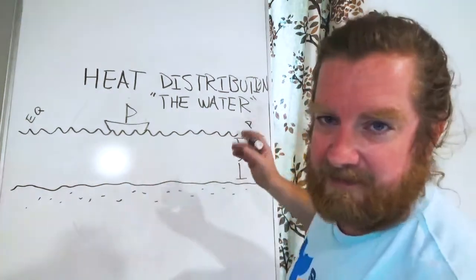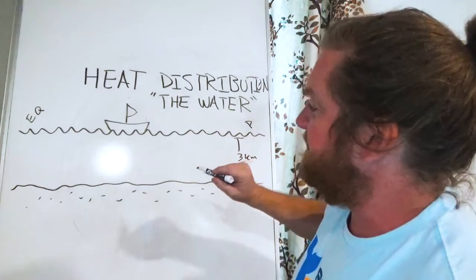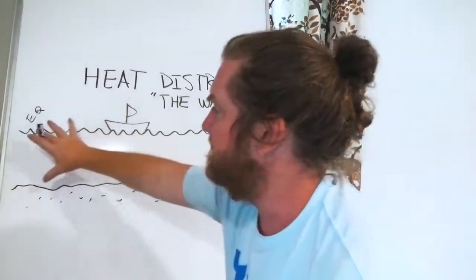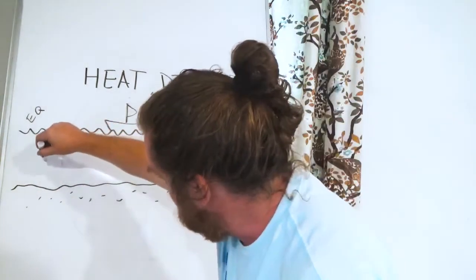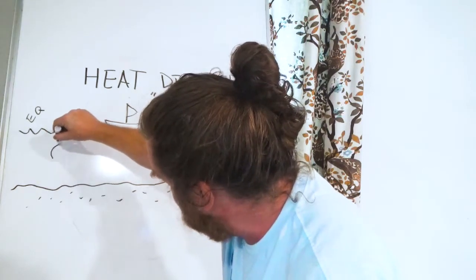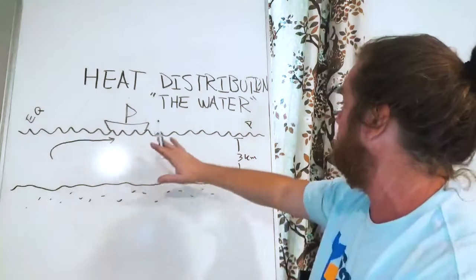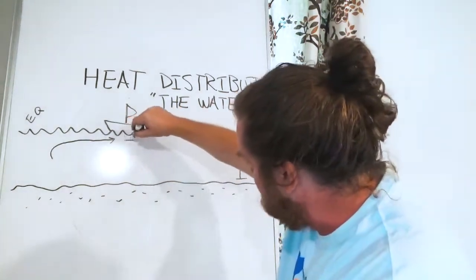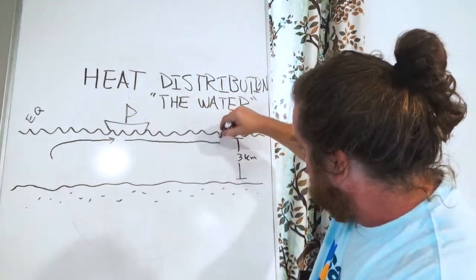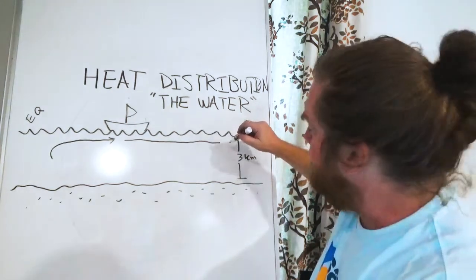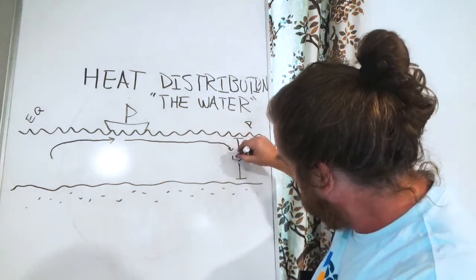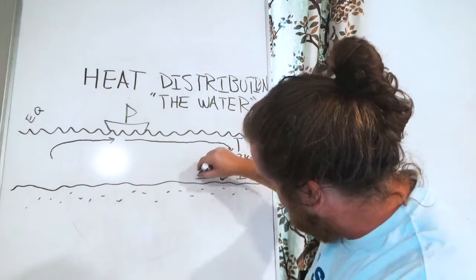Obviously this isn't going to work. But what we see with these deep ocean currents is the water here is warmer, and that warmer water will rise. And again, it will move down gradient. So that warmer water will start moving towards the polar areas. And then here in the polar areas, that water starts to cool off and it will sink.